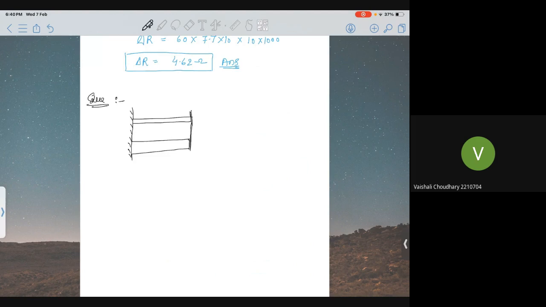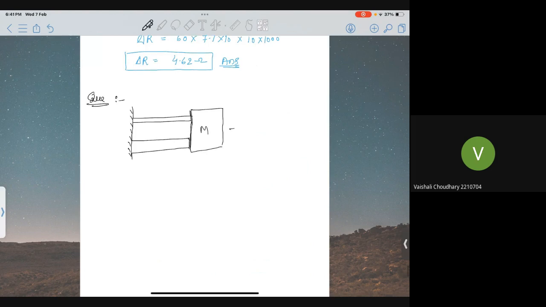On the other end of the two beams, one mass is connected. The length of the two beams is the same, which is 200 micrometer.